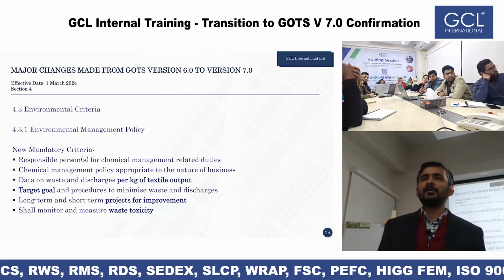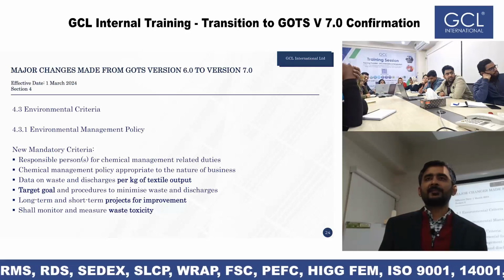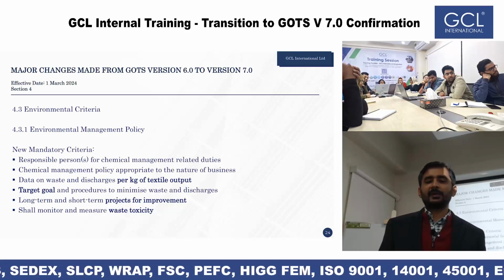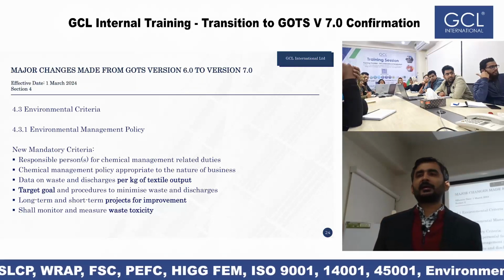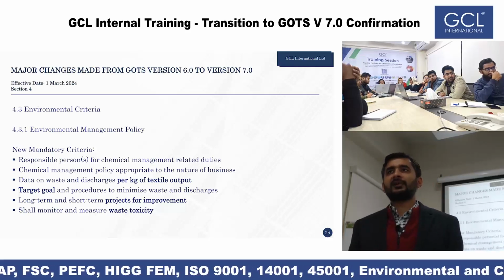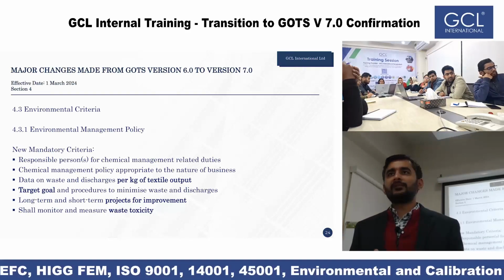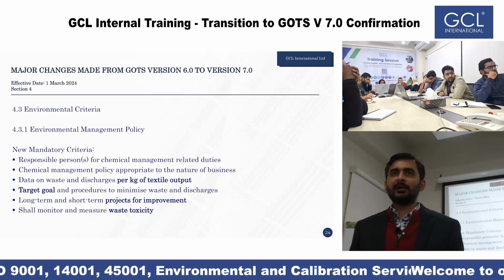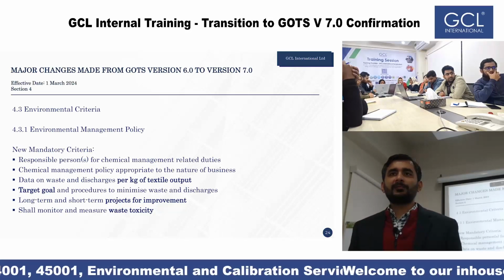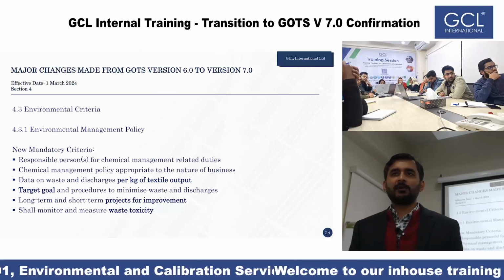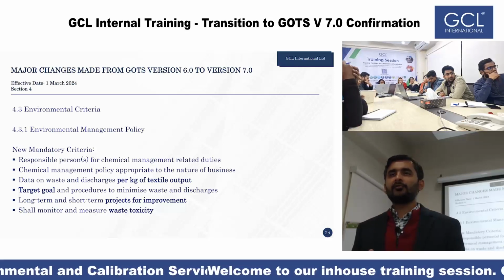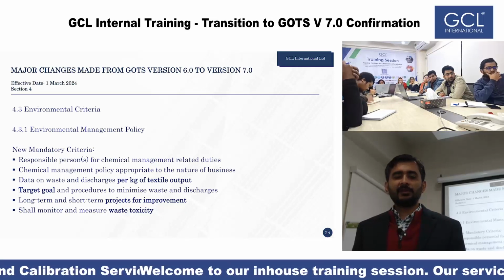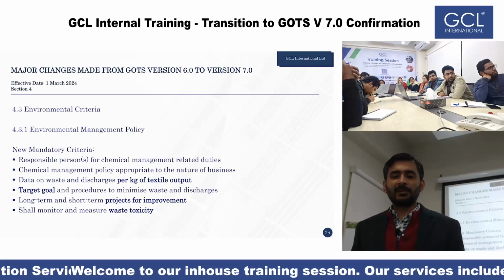In 7.0, now the requirement has become that that data shall be based on per kg of textile output. In the previous version the target goal was there only for energy and water. Now the company needs to set the target goal also for waste and discharge. So these are the major changes that GOTS has made.